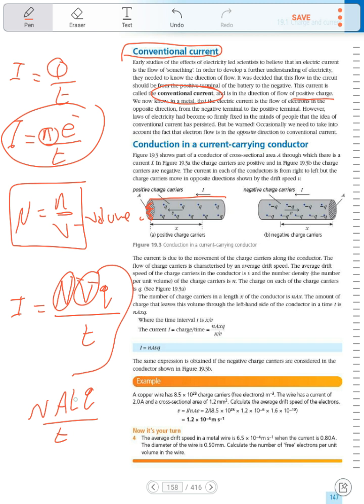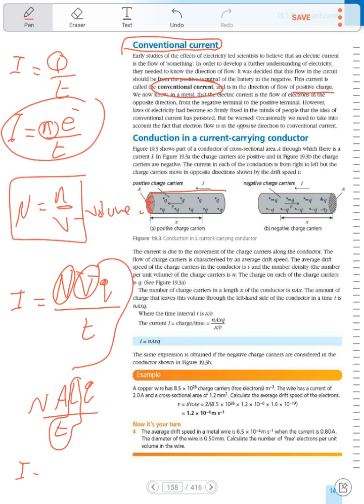Now, length over time, which is distance over time, is speed. So current equals N A V multiplied by Q. Q is the charge of an electron, V is the drift speed, A is the cross-sectional area, and N is the charge density, the charge per unit volume.